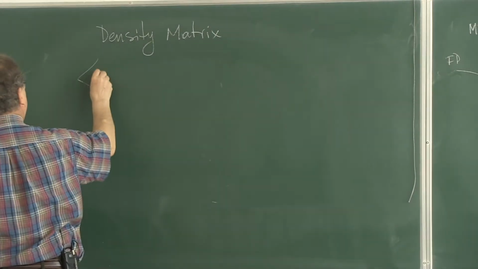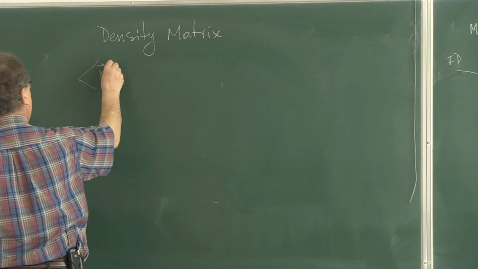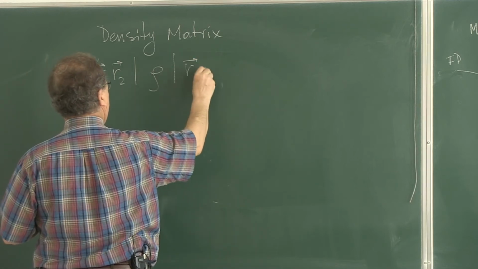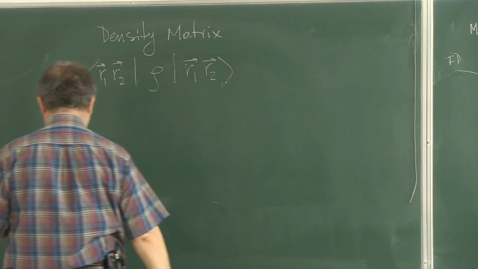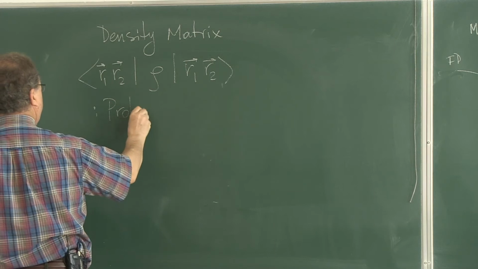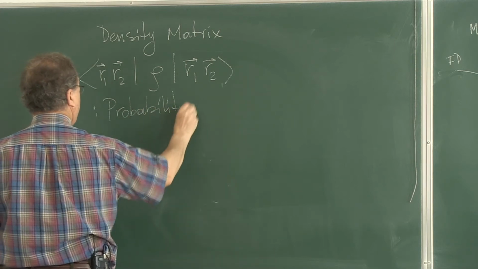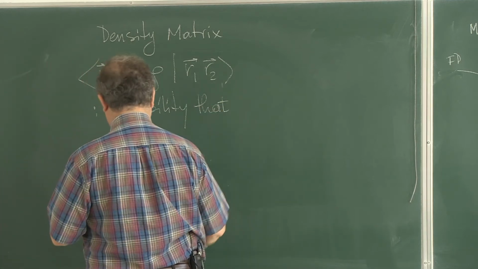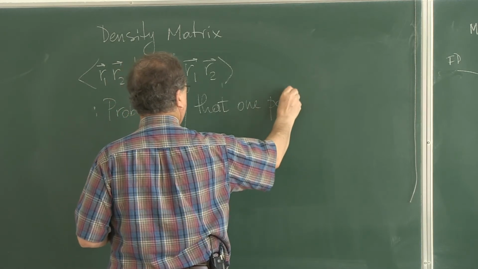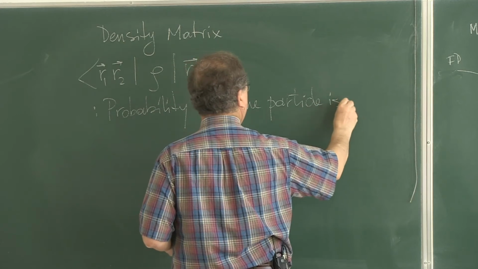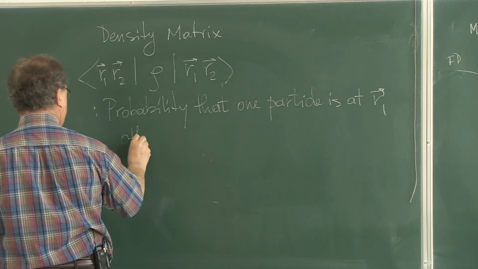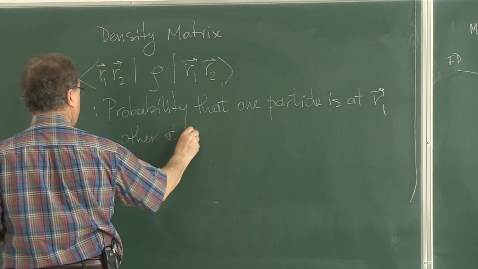Well, let's calculate this. Which is proportional to, or is the probability that one particle is at R1 and the other particle is at R2.